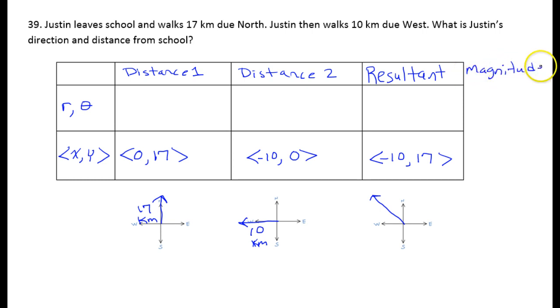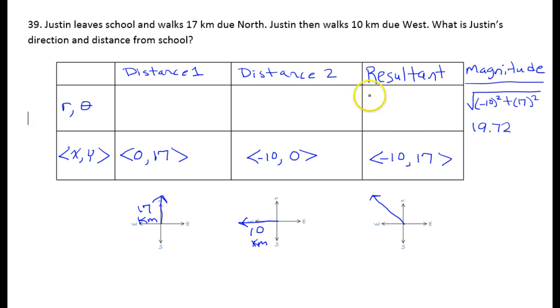I should go kind of in order. So we need the magnitude and the direction. We can find the magnitude using the magnitude formula. So we will simply do negative 10 squared plus 17 squared. Just go ahead and put that in your calculator.